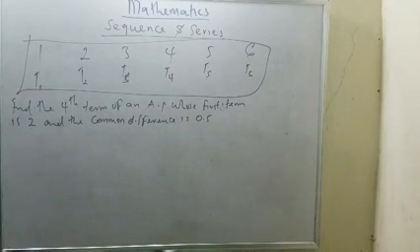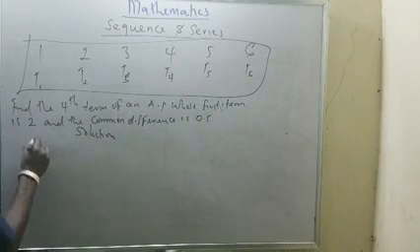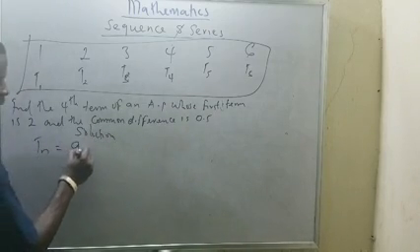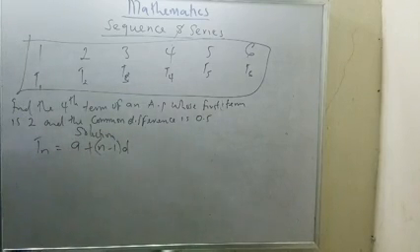I don't need to stress myself here. All I need is available. Don't forget that my T of n is equal to a plus (n minus 1) d.